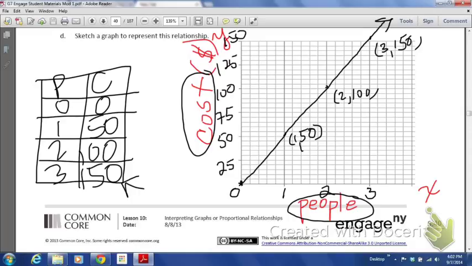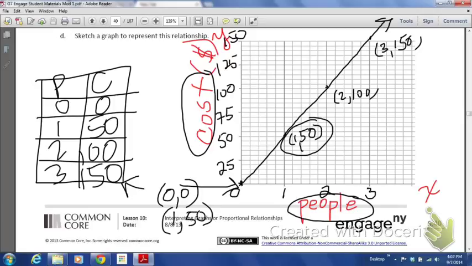And again, if we are to ask which points must be on this graph to show a proportional relationship, we would look at the origin, which is 0, 0, and also the unit rate, which is 50, represented right here as 1, 50. For every unit of X, there are 50 units of Y.